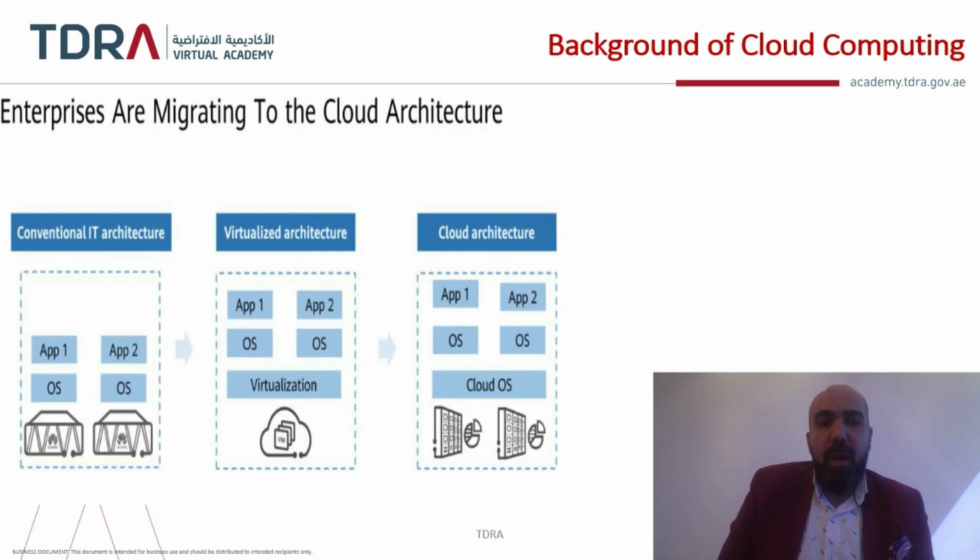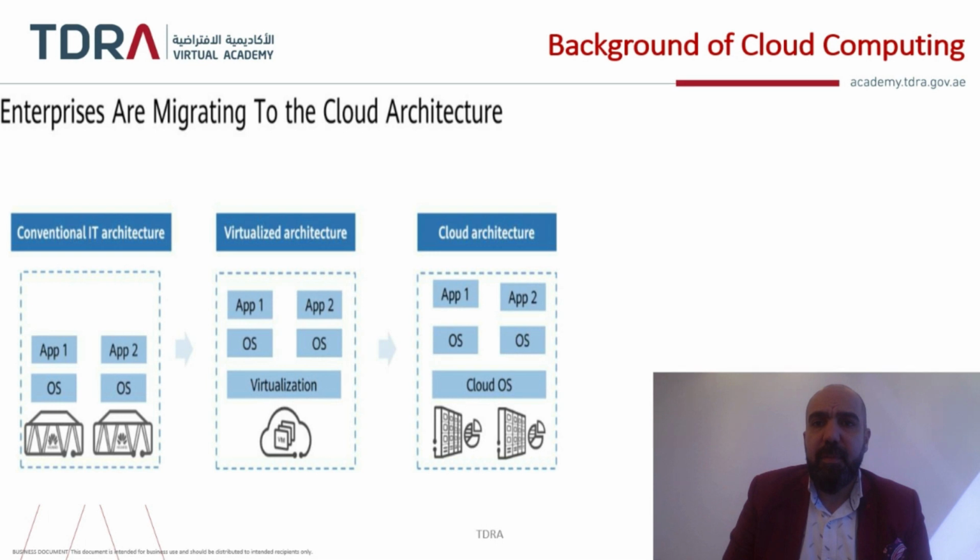So in traditional IT, what we have is a rack full of servers, and each server has an operating system on top of it and the application that we want to use. For example, in any environment we should have a server for Active Directory, which manages our users in the organization and gives permissions on where to go and what to do in the infrastructure.